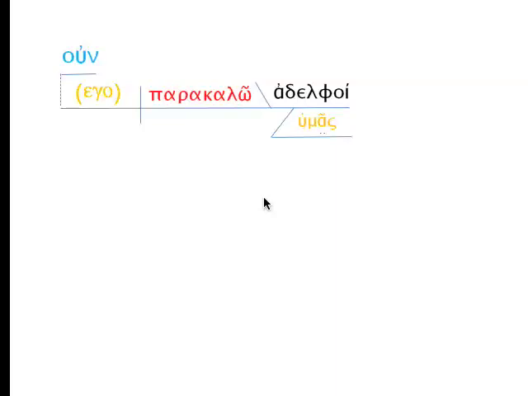Later on, in my third post, I'll be showing a way for it to be shown. But for the interest of the diagramming here, I'm just saying that oun is the conjunction involved, which meant therefore.